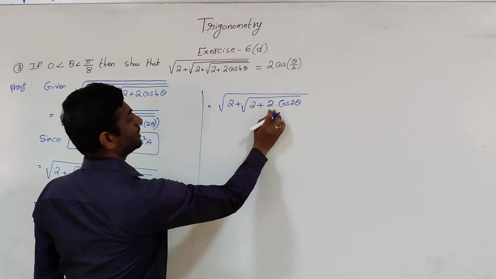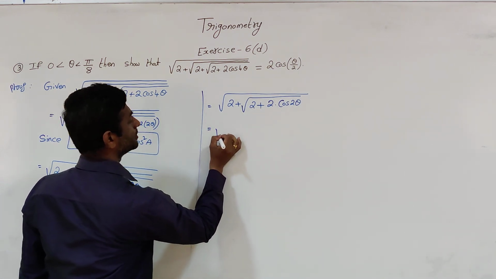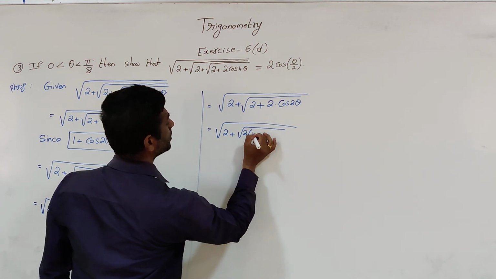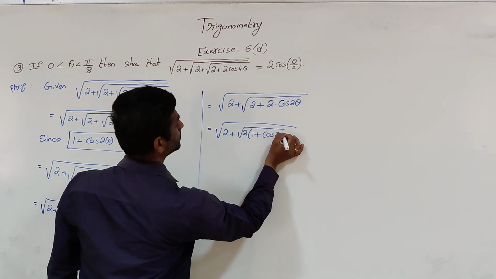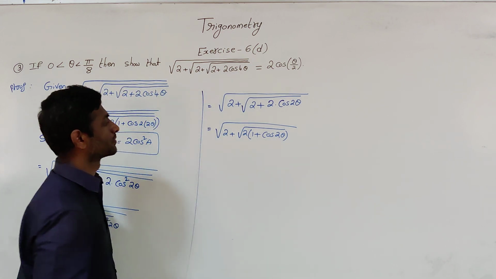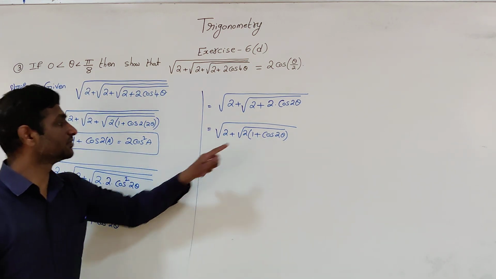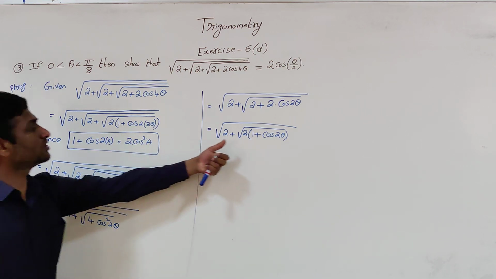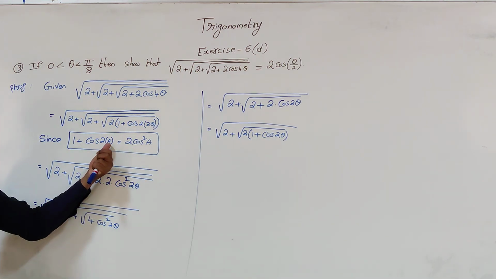Next, again from these two terms we can take 2 out: square root of 2 plus square root of 2 times 1 plus cos 2 theta. Now again we can write this formula: 1 plus cos 2a is 2 cos square a, but in the place of a, now it is only theta.